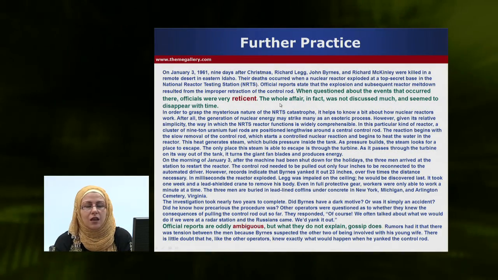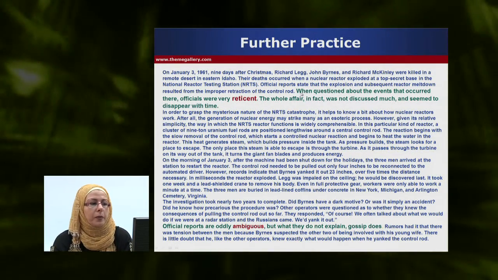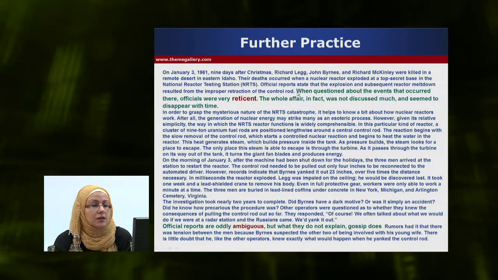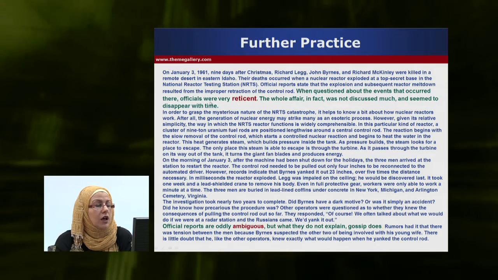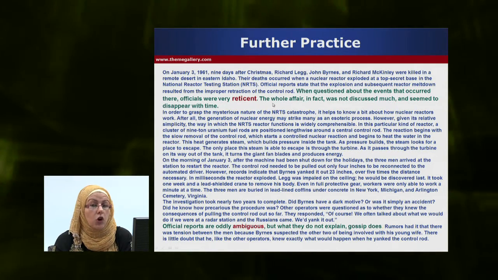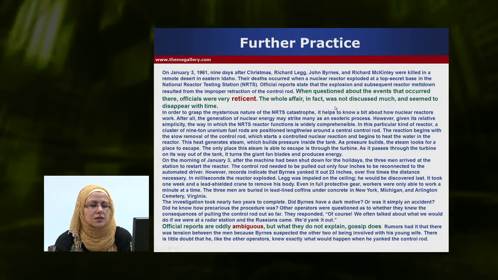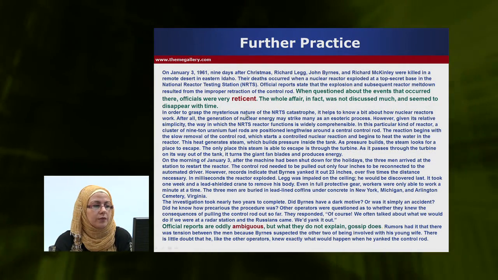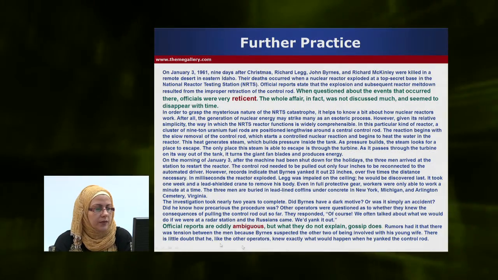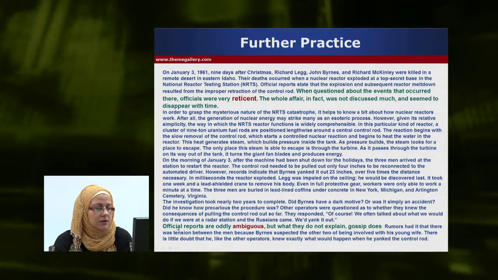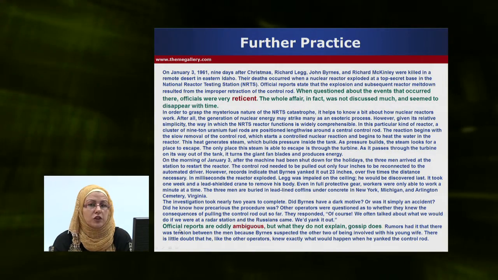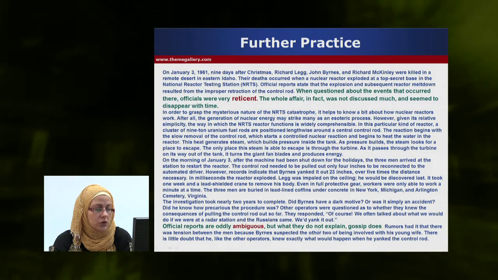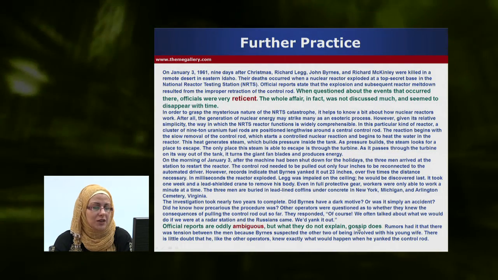The context for reticent is when questioned about the events that occurred there, officials were very reticent. The whole affair, in fact, was not discussed much and seemed to disappear with time. And the context for ambiguous is this sentence. Official reports are oddly ambiguous, but what they do not explain, gossip does.